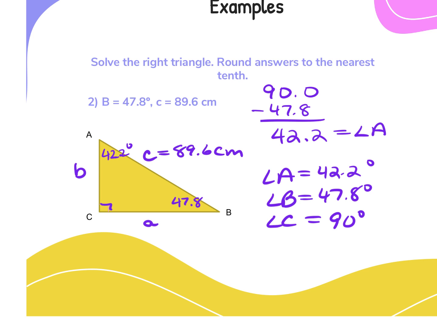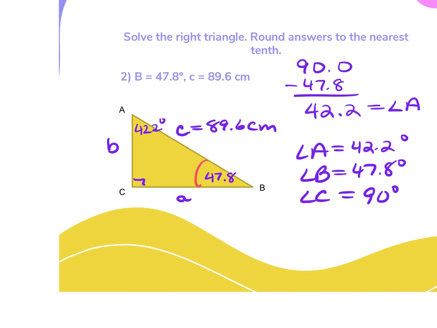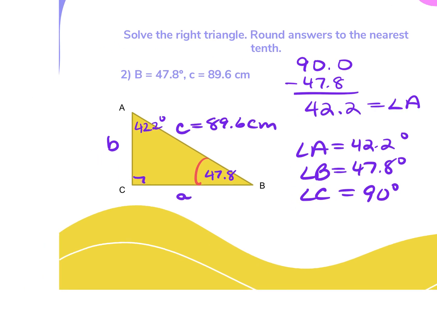Because remember, the side across from the biggest angle is always the biggest side. And that's my hypotenuse. So what I'm going to do is label my sides based off my given angle, angle B. Now, you could use angle A if you were confident in your subtraction. But I'm going to label them based off of B.